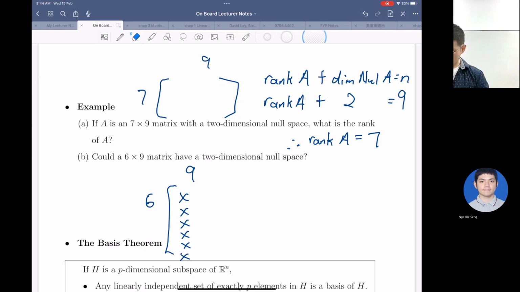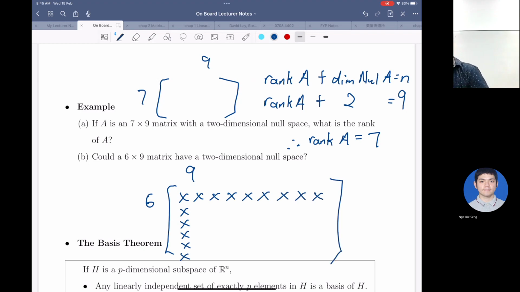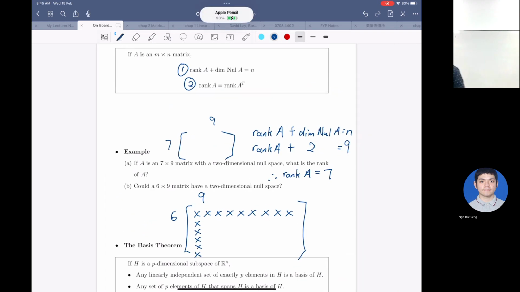And then 1, 2, 3, 4, 5, 6, 7, 8, 9. So 6 times 9. Can you have a 2-dimensional null space or not? Why?